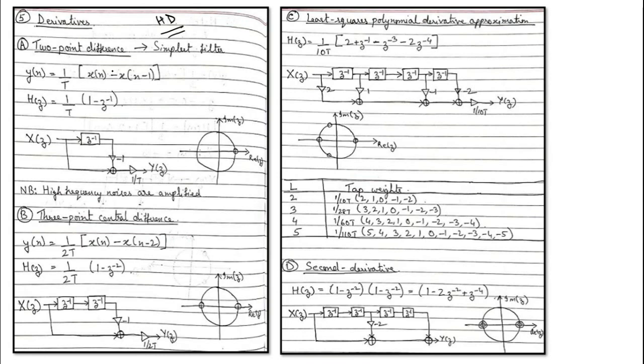In the HD systems, a high pass filter is a differentiator. A low pass filter is an integrator, and a high pass filter is a differentiator. So how do you find out differentiation?